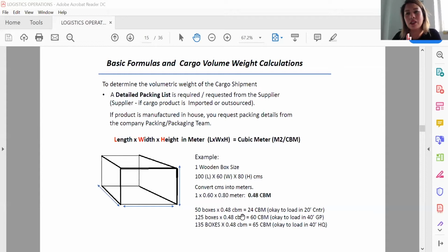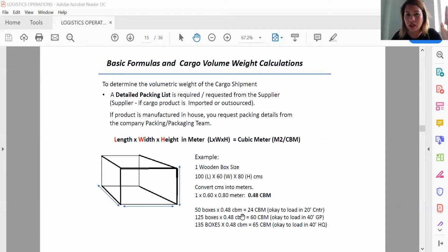In that packing list, there should be gross weight and, if possible, net weight, because sometimes some destination customs will ask for the net weight and they will ask for the gross weight, and all those details should be present in your packing list.